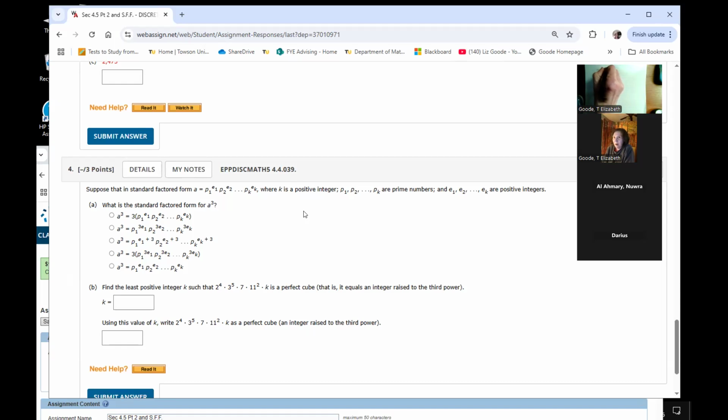This is our WebAssign 4.5 part 2 and standard factored form, problem number 4. It's worth going ahead and looking at part A as well. I'm going to stop sharing and you're going to read to me part B in a minute, right? Yep. Okay, perfect. Thank you.